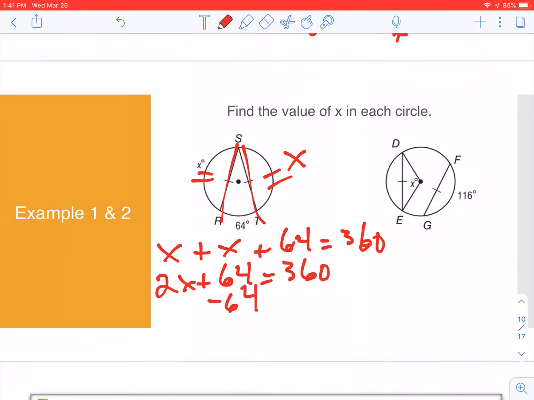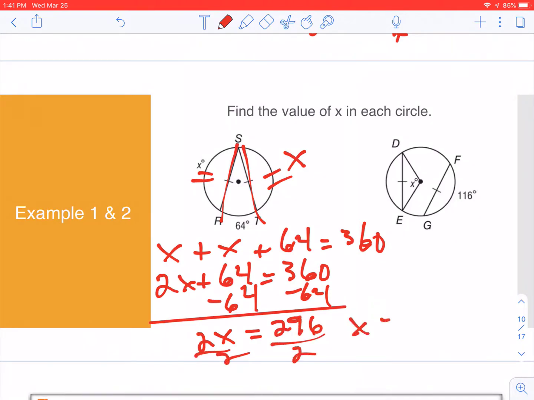Minus 64, minus 64. 2x equals 296. Divide by 2, x will equal 148. All right, there we go.